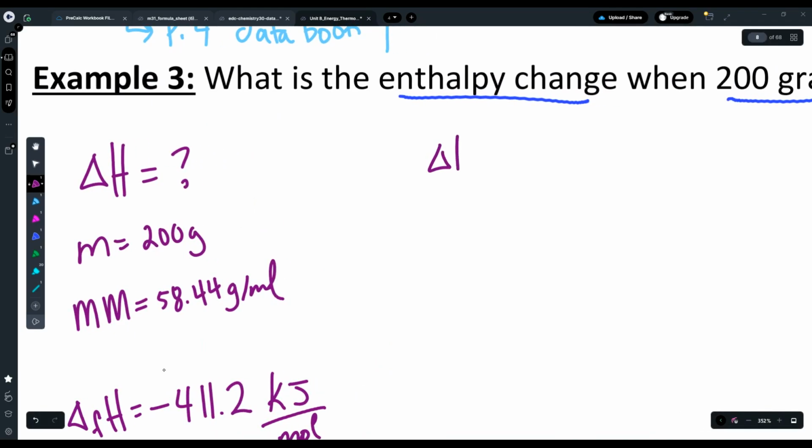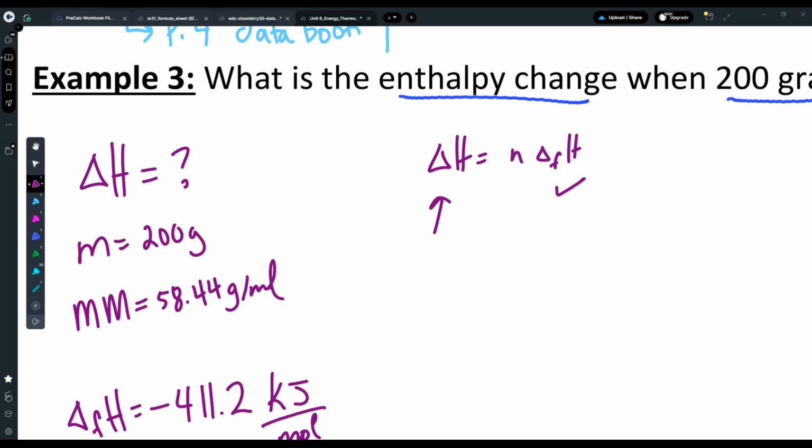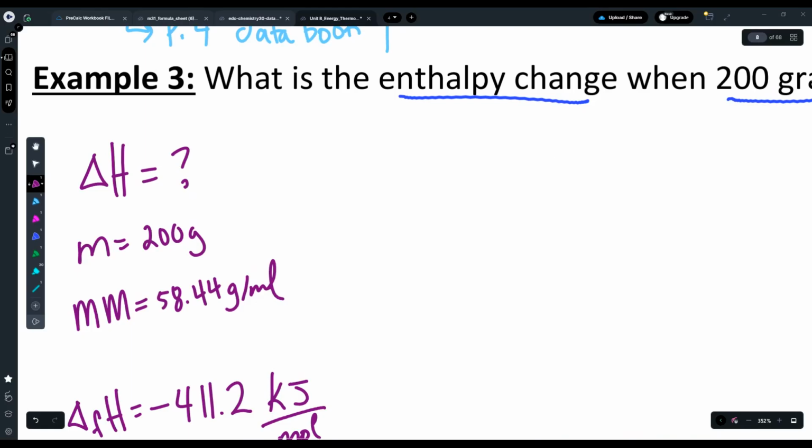Alrighty, so if we're figuring out change in enthalpy, we already have molar enthalpy of formation, we need to do some work to figure out moles first so we can start using this equation. We can't use an equation if we have two unknowns. So how we're going to figure out moles is we take mass, divide it by molar mass.